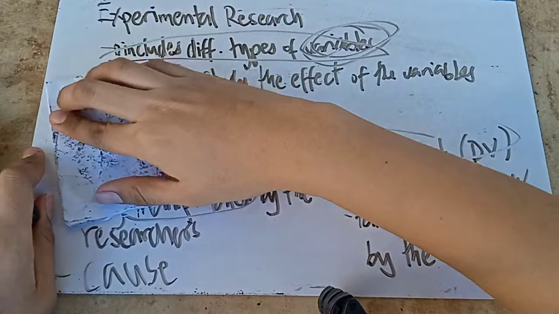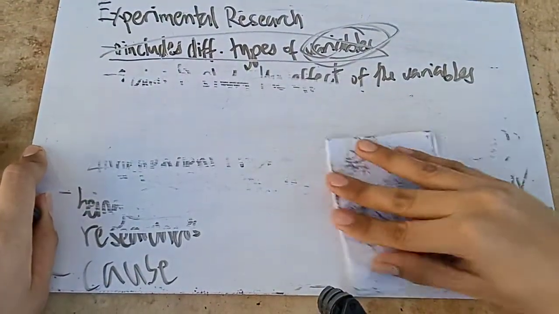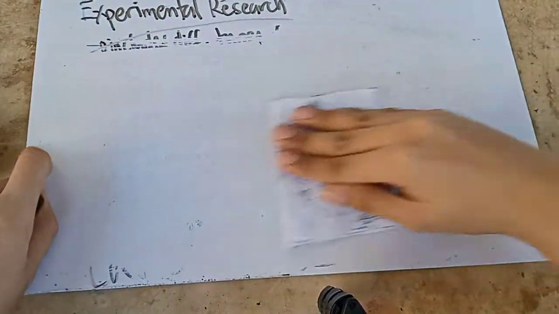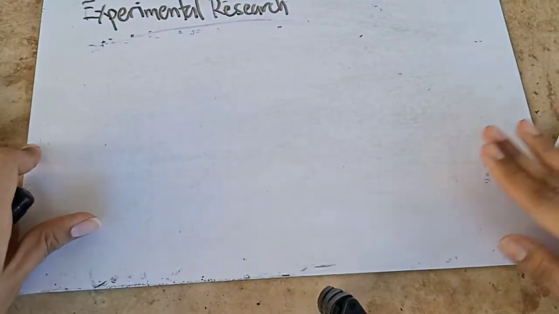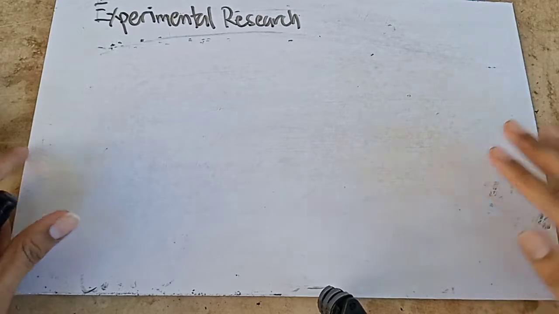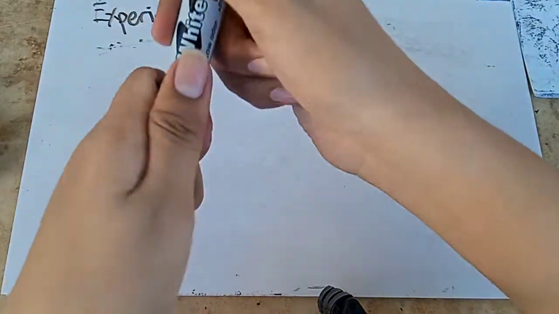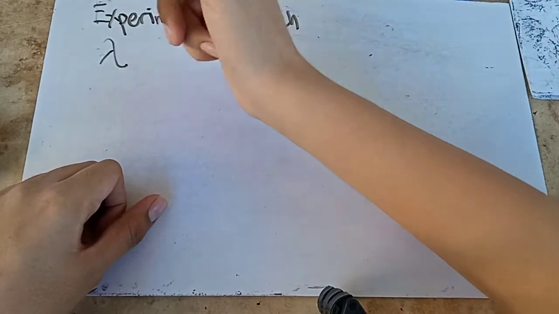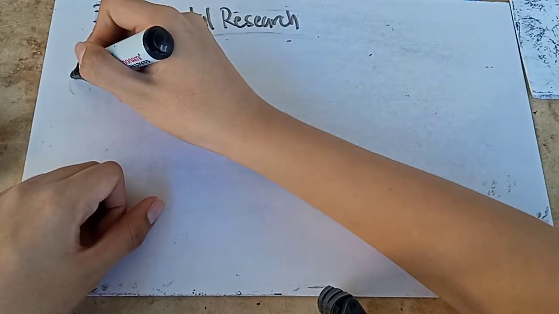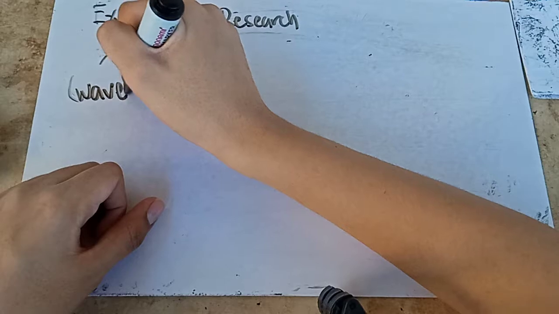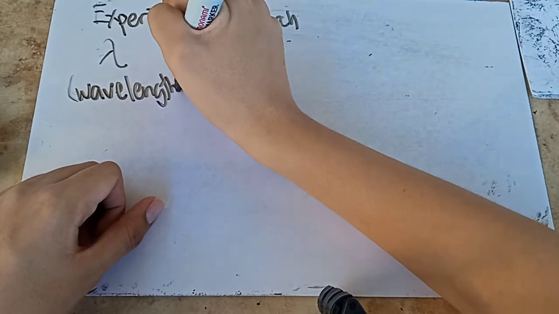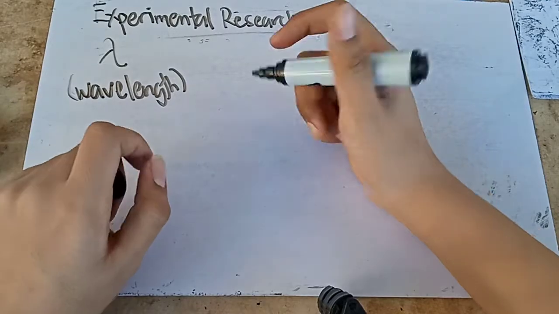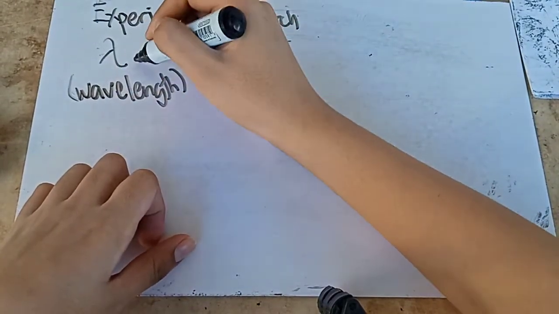Okay, so to discuss experimental research as a type of research under the category of levels of investigation, we will have this illustration or example. So let us have this example. Okay. So for instance, we have the wavelength. So for instance, we have the wavelength as our independent variable.